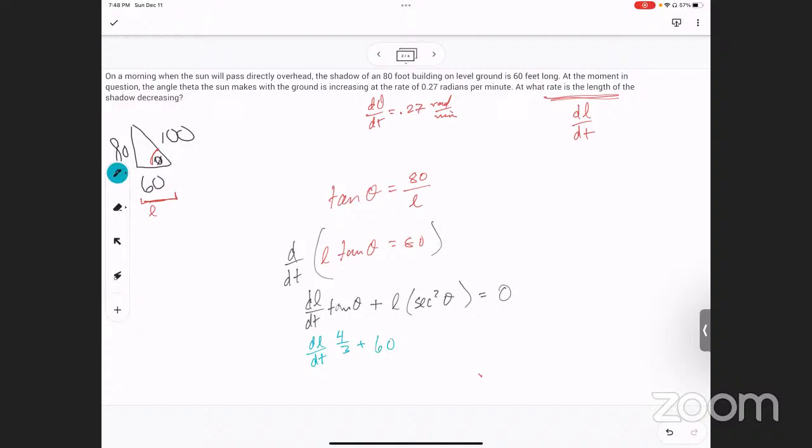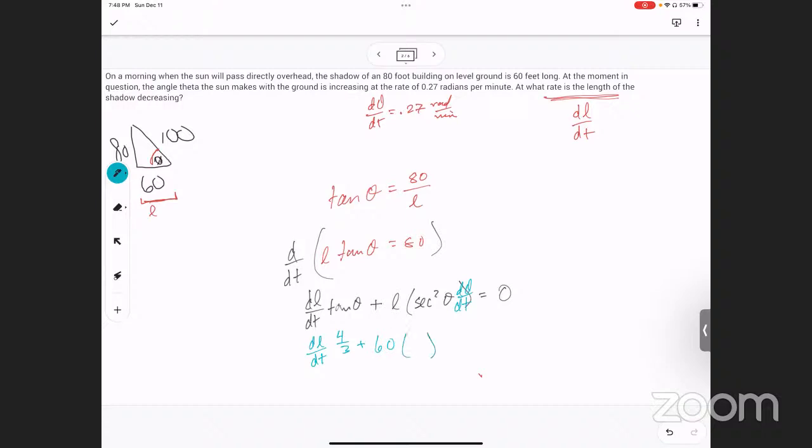I'm sorry, I missed something here. I forgot to put in d theta dt, because I have to use the chain rule. Do you understand that? So what's secant squared?